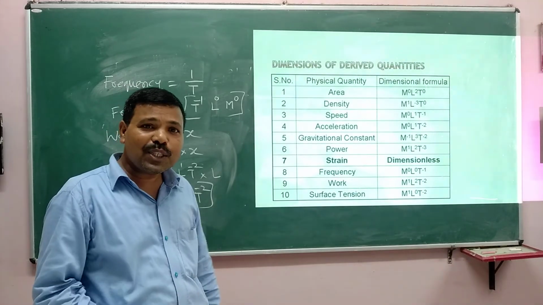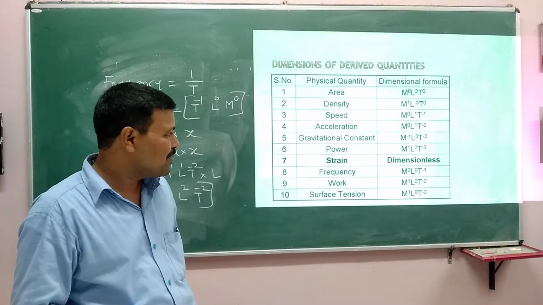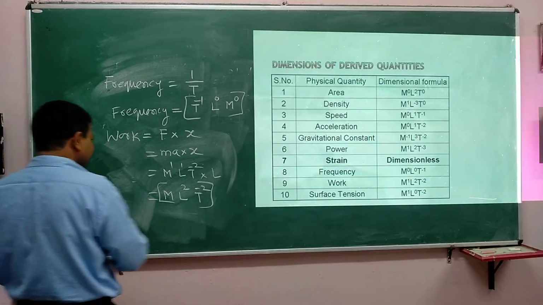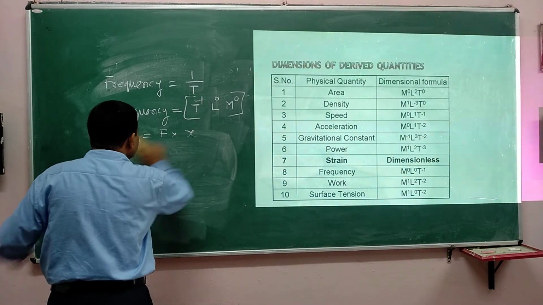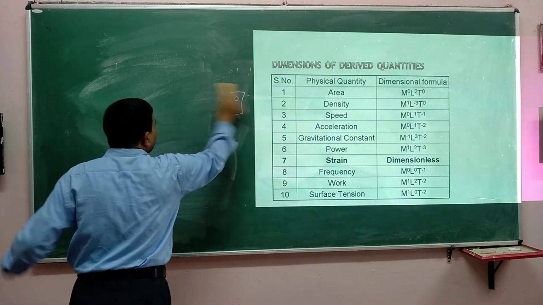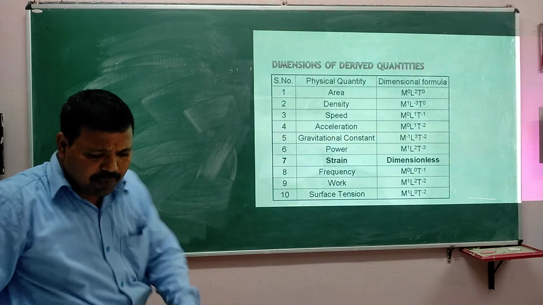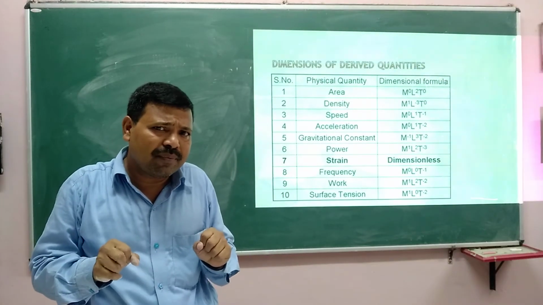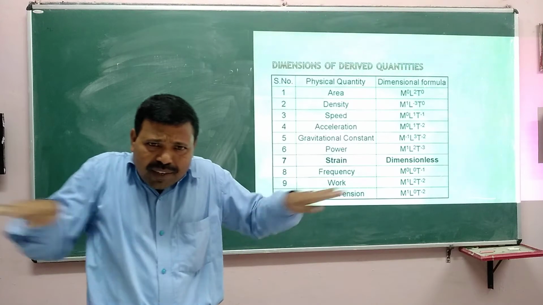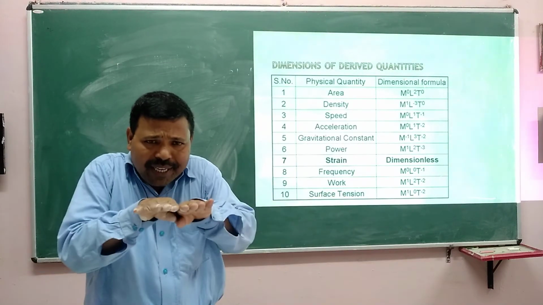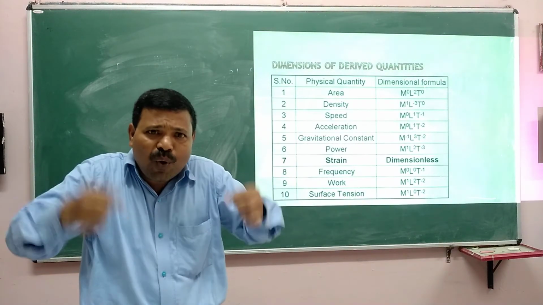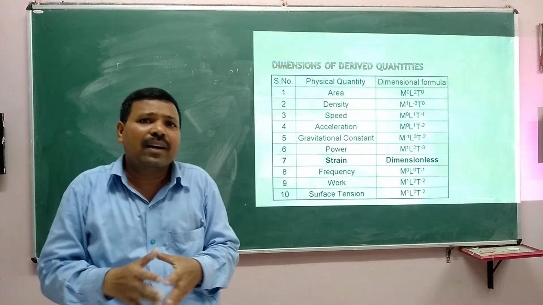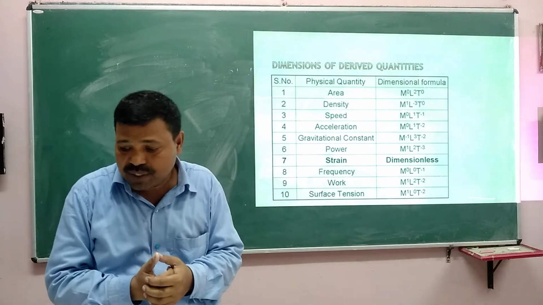Now the last one is surface tension. How do we write the dimensional formula of surface tension? First of all, let us try to know the meaning of surface tension. On the free surface of water or any liquid surface, the force that is acting on every unit length is what we call surface tension.